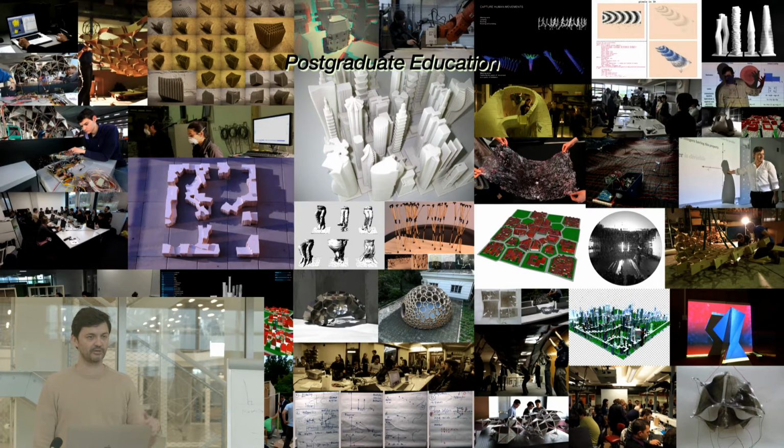So explore the pragmatic real-world relation between architecture and computation. And then after 10 years of research, there were over 100 experiments made at the chair. And this is documented in the book called Beyond the Grid in 2009.